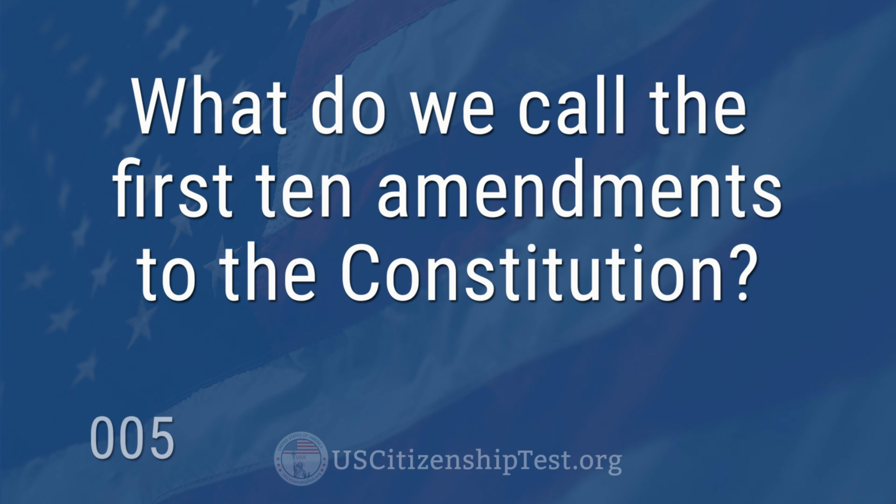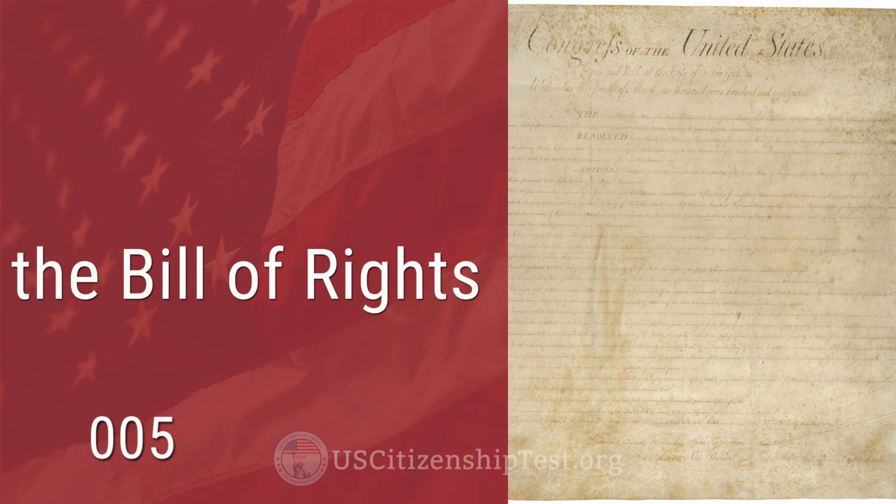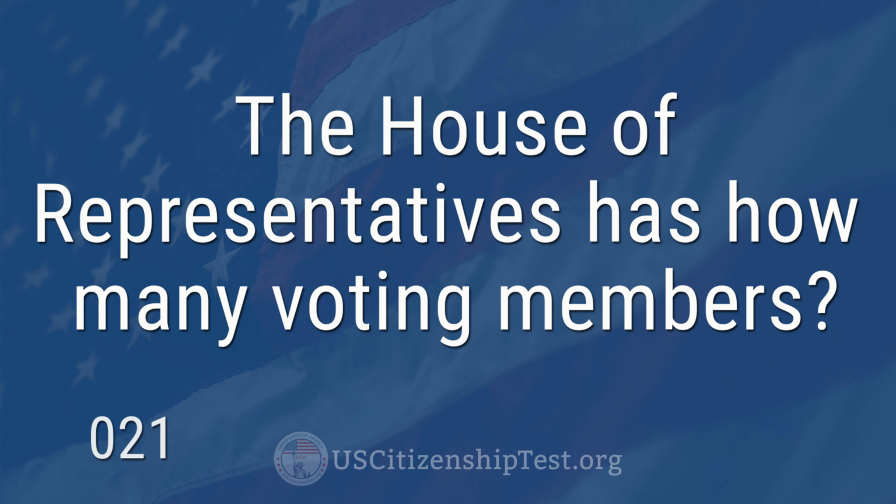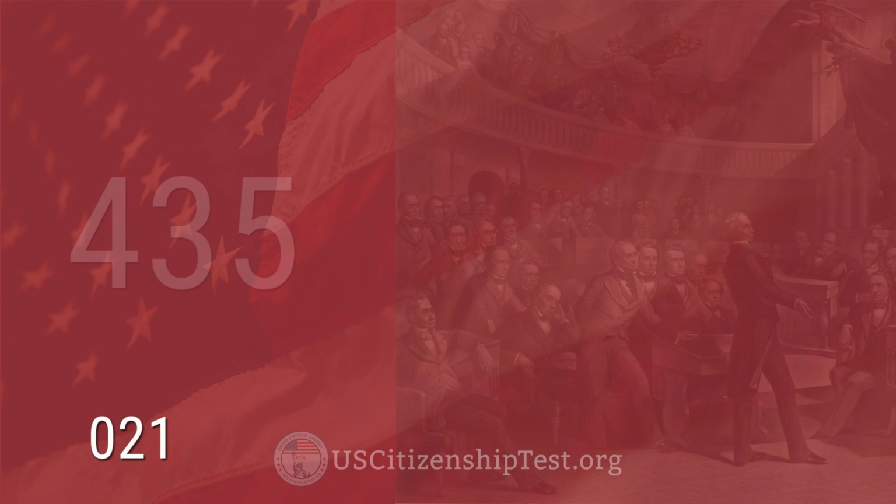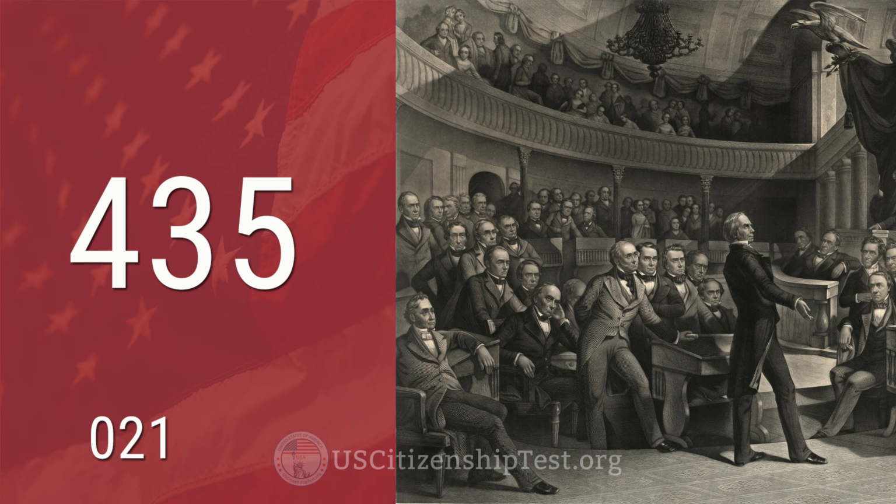What do we call the first 10 amendments of the Constitution? The Bill of Rights. The House of Representatives has how many voting members? 435.